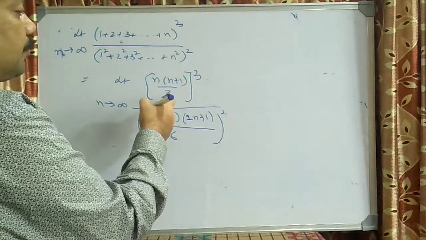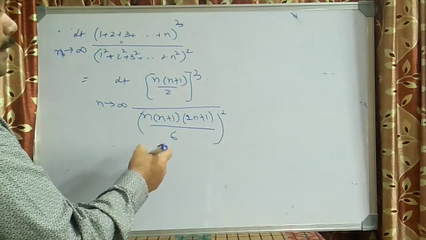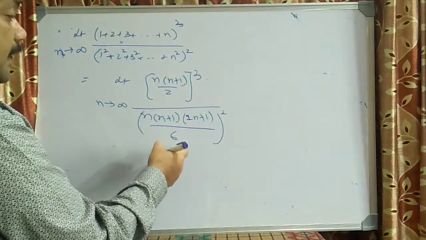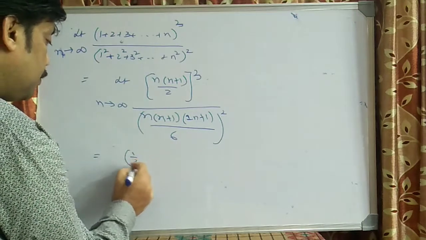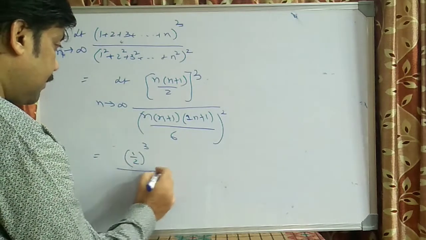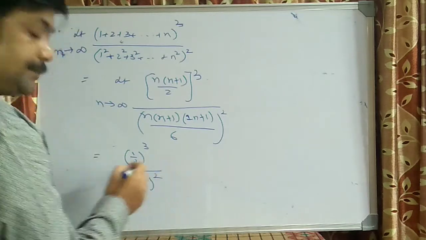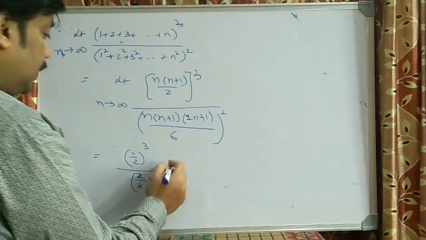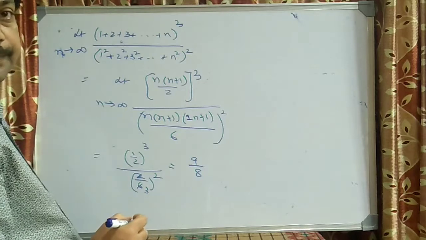So the degree of the denominator is also 6. I have again the same formula, highest power coefficient by highest power coefficient, which is equal to (1 by 2) whole cube divided by (2 by 6) whole square. Two 3s are 6, now I have 9 by 8 as your answer.